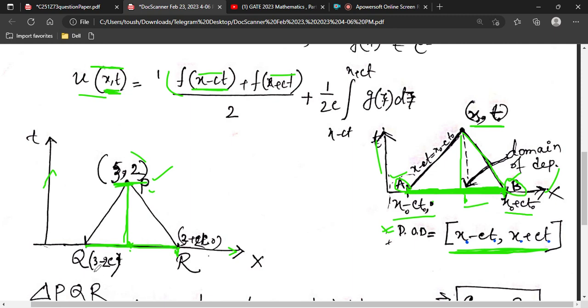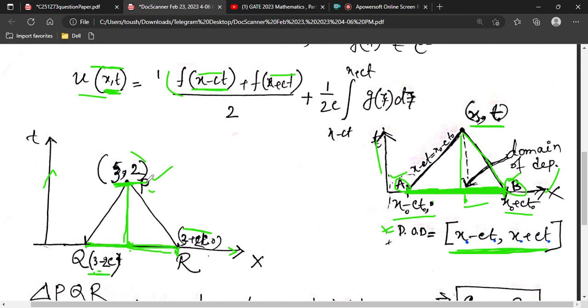The line segment from the point Q to R, where Q is 3 minus 2c, and this is your point R, 3 plus 2c comma 0. I am not writing the 0. So this is the line segment QR.